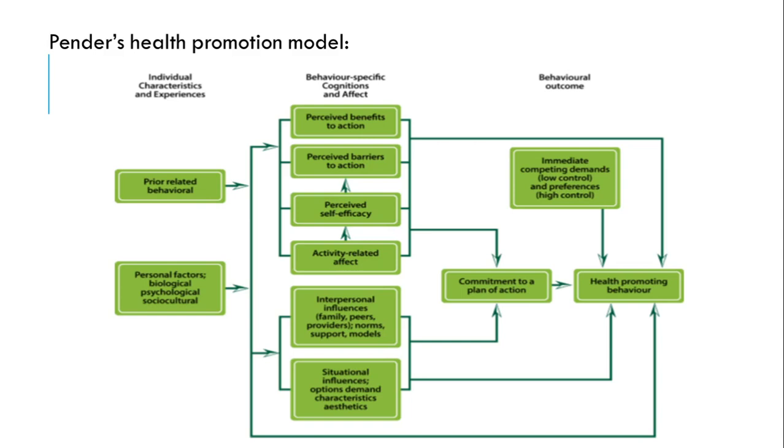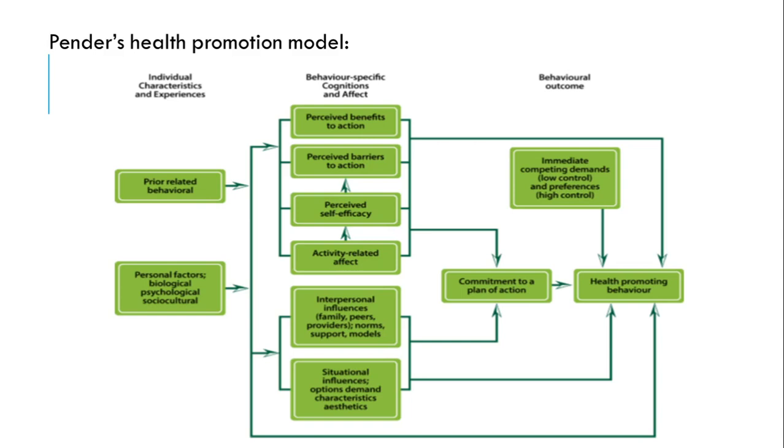Health promotion behavior is the desired behavioral outcome, and that is the end point of this model. According to this model, prior behavior and inherited and acquired characteristics influence beliefs, affect, and enactment of health promotion behavior.